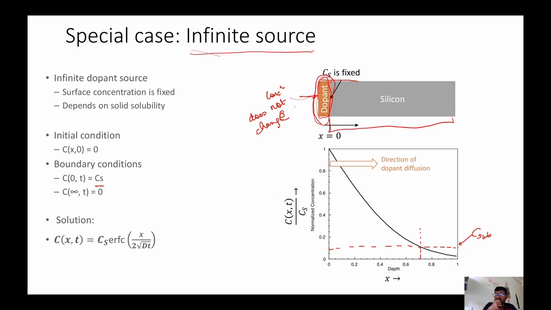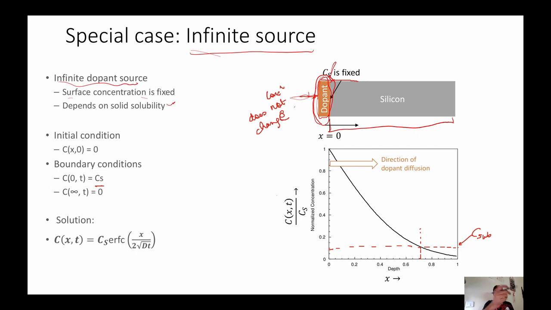It does not change with time. The concentration of this dopant is not changing with time, so that is why we say it is an infinite source of dopant. The surface concentration is fixed, and it depends on the solid solubility.